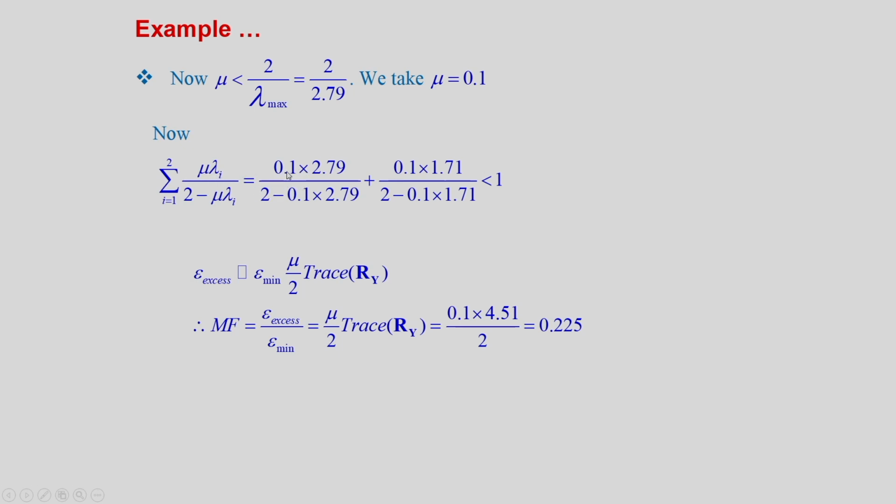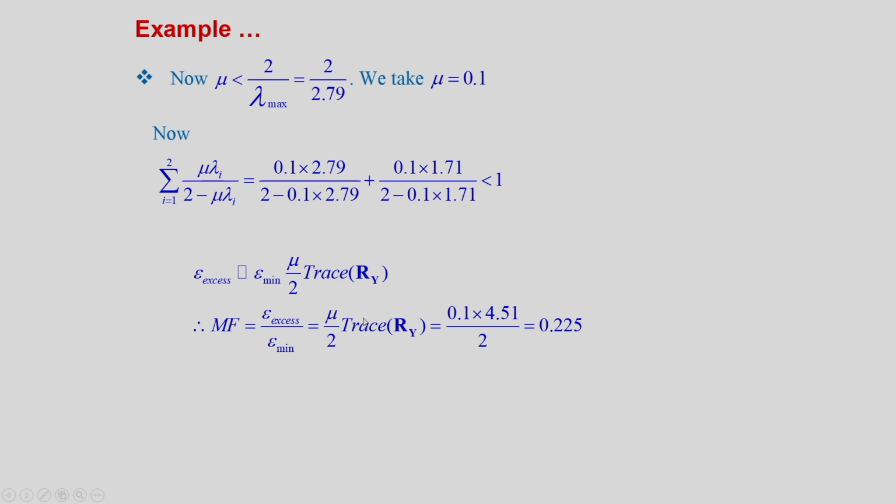Mu we know is 0.01, lambda 1 is 2.79, divided by 2 minus 0.1 into 2.79. Similarly, mu lambda 2 is 1.71, therefore 0.1 into 1.71 divided by 2 minus 0.1 into 1.71, and this factor is less than 1. Therefore, our choice of mu is right.